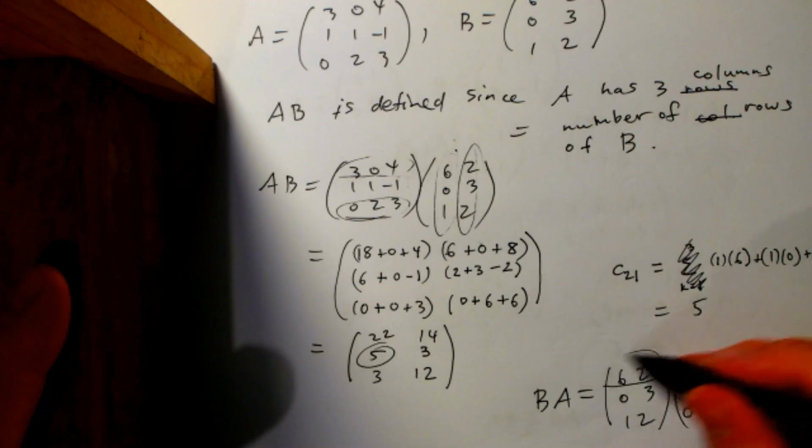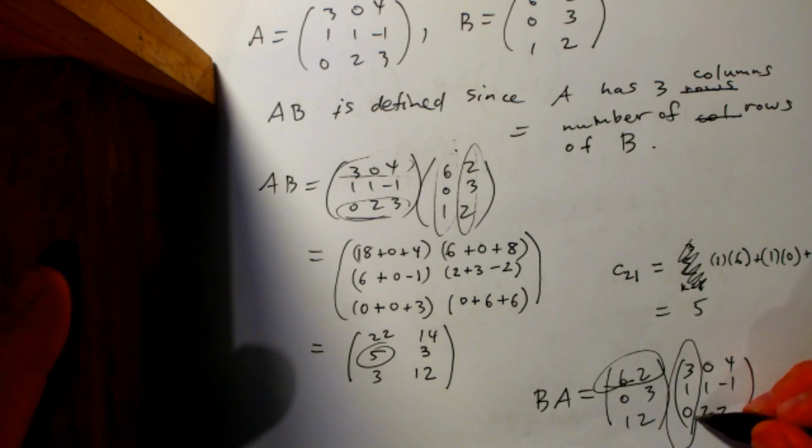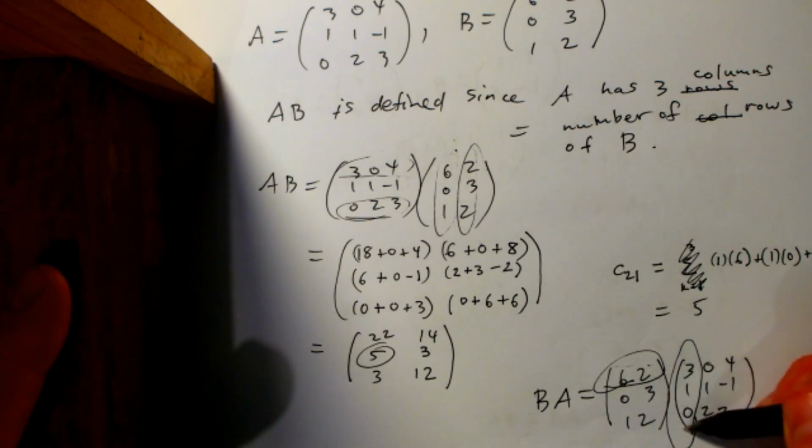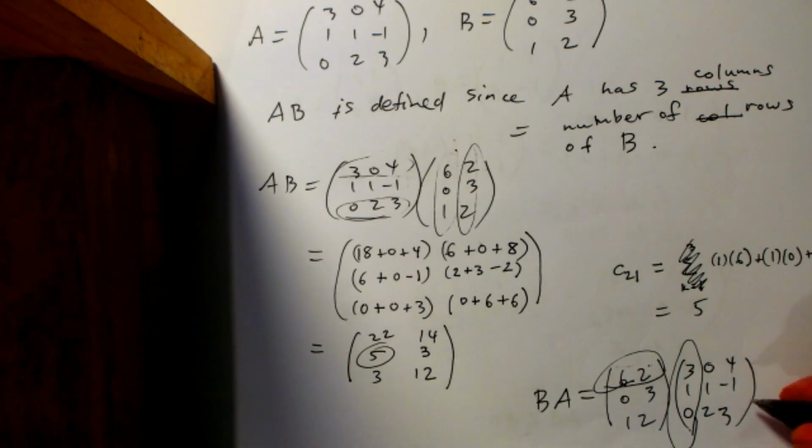However, if you try to match this one with this one, it doesn't work because we've got 2 entries in the first row of B, but 3 entries in the first column of A. So this does not exist. Okay, undefined, BA does not exist. So we can see that we cannot possibly have AB equal to BA in this case because BA is not even defined for example 6.9.